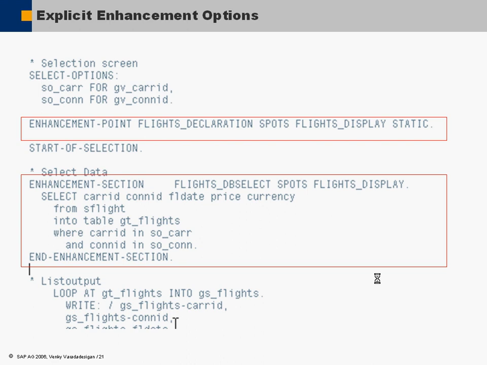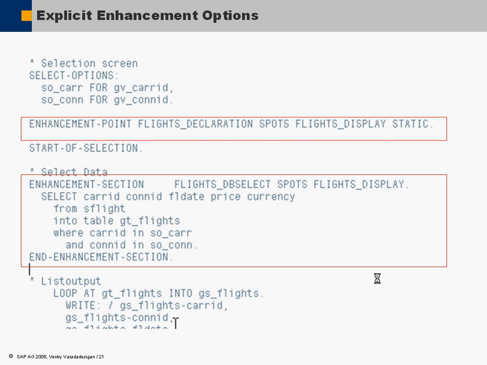Talking about the explicit enhancement options, we have two new ABAP statements for explicit enhancement options called ENHANCEMENT-POINT and ENHANCEMENT-SECTION. If SAP is providing a single statement which can be implemented by the customer typically, and the customer can add their own code at this point, that is called an enhancement point.